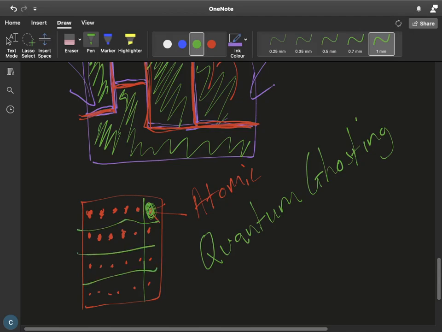Well, actually what's happening is that in quantum mechanics, which is just the area of physics that studies very, very small things effectively, the laws of physics suggest that electrons are allowed to basically walk through walls, hence why it's called ghosting here.